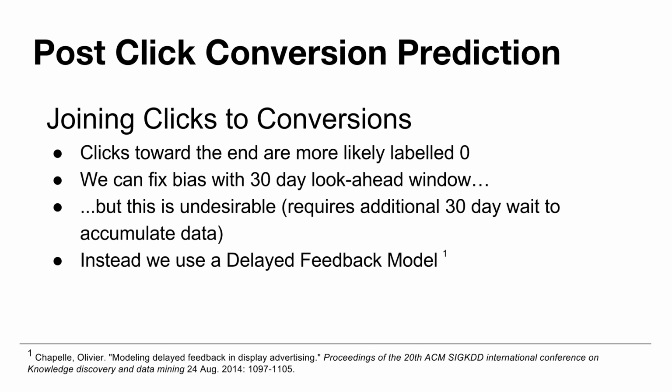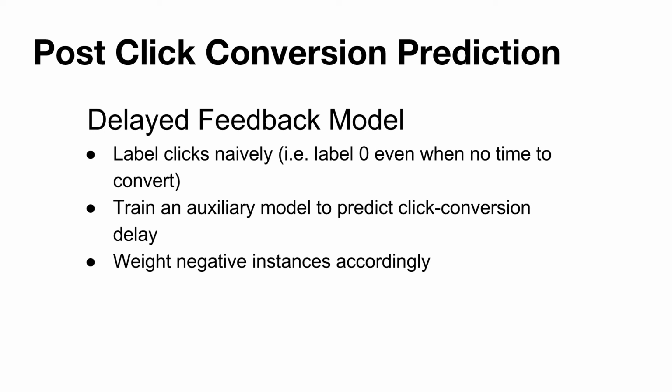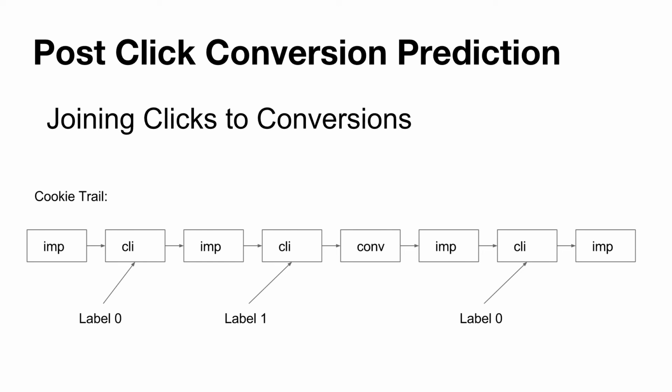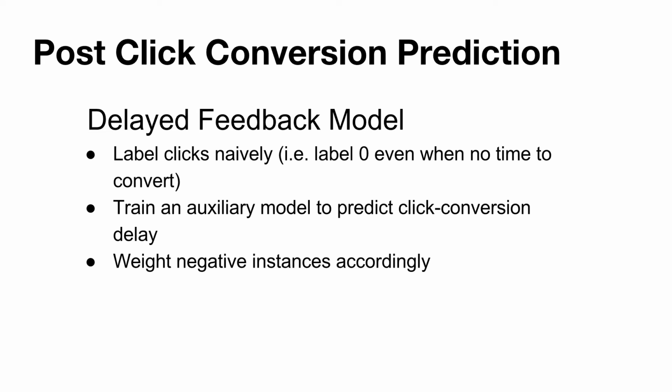So this works as follows. Again, check the paper for the details, but the rough overview is we label our clicks as positive or negative, just as in this picture here, i.e. naively, namely the ones towards the end are more likely to be 0. But that's okay because we train an auxiliary model which predicts the click-to-conversion delay. So now we have a model that says for a given click about how long it takes to convert. And now when we train our model, we can weight our negative instances accordingly.